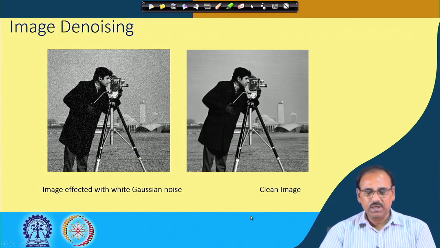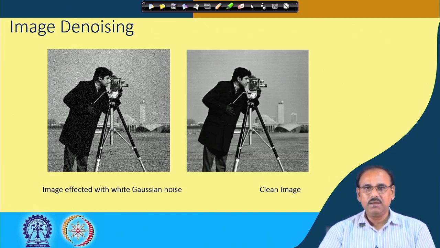By noise filtering, what I mean is, on the input on the left hand side we have an image which is corrupted with additive Gaussian noise. By filtering, I mean I want to remove this noise so that I get a clean image, as shown on the right hand side.